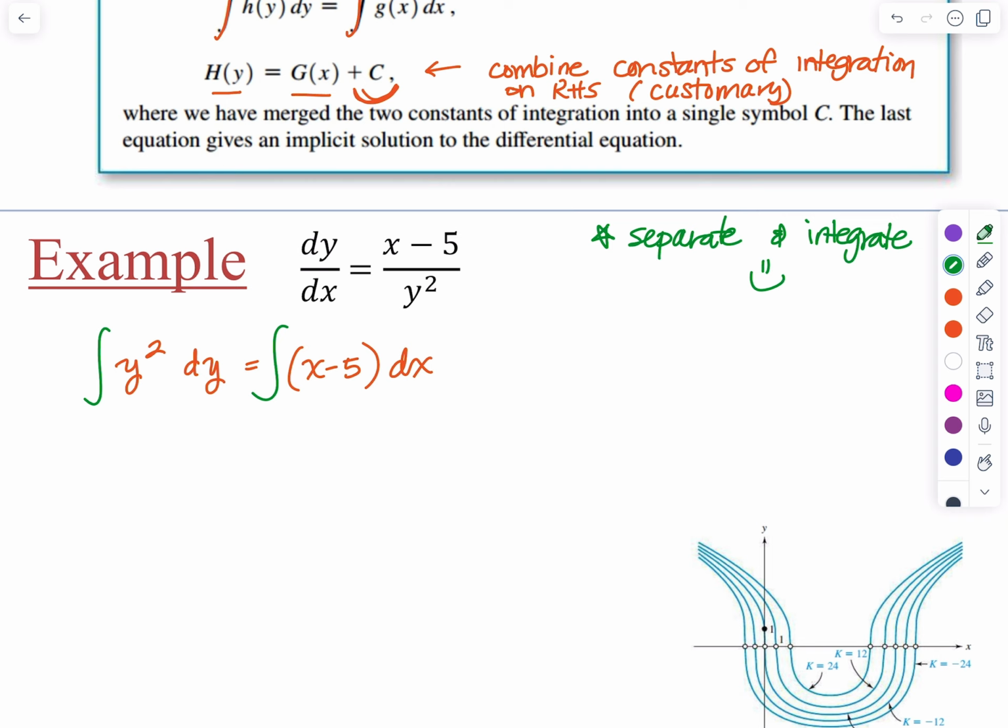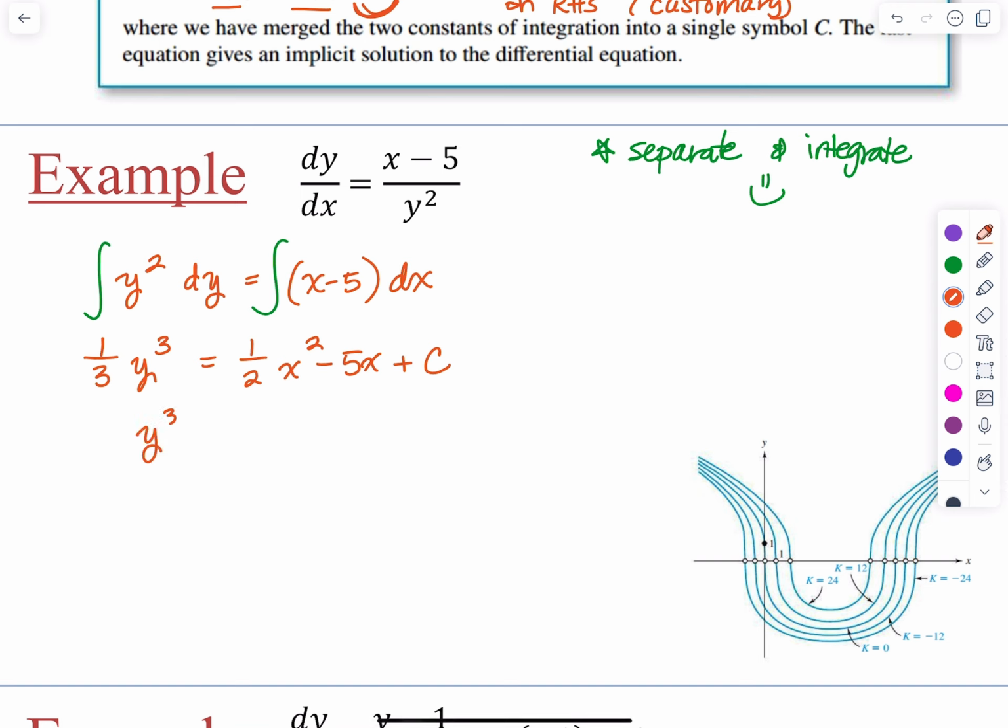Okay, so now we'll integrate the left-hand side. We have 1/3 y cubed. Again, we're going to bring that constant of integration to the right-hand side and just combine them. And then we have 1/2 x squared minus 5x plus our first constant of integration. Now we can multiply both sides by 3.